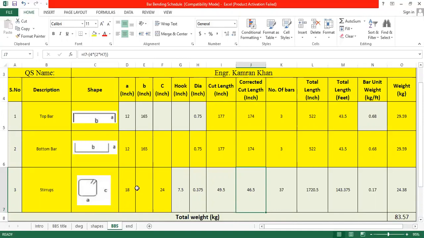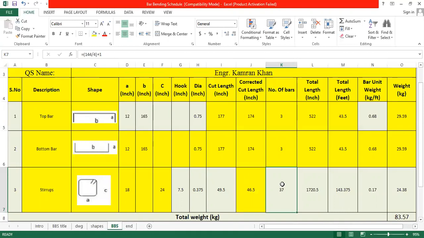So the resulting value will be multiplied by 4. As you can see, I have multiplied the value by 4, and 2 d, where d is the dia bar, will be subtracted from the cut length. So the corrected length for each stirrup is 46.5 inches.